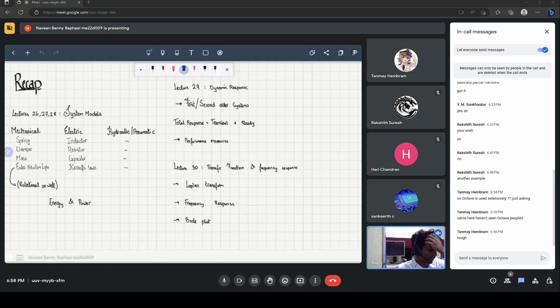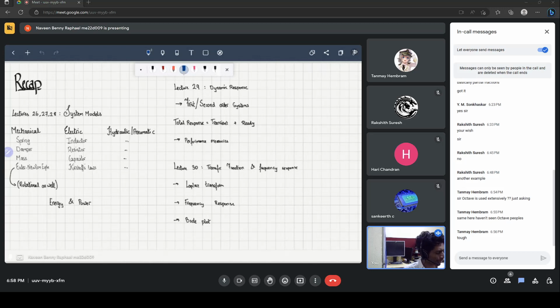Even though we're studying mechanical systems and electrical systems separately, in the end the mathematical model is very similar, and we studied how to solve these equations in lecture 29, about dynamic response.